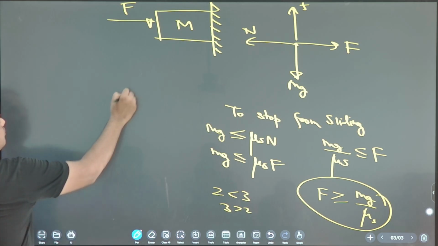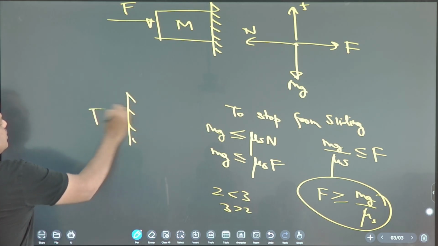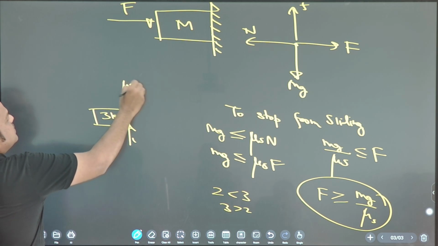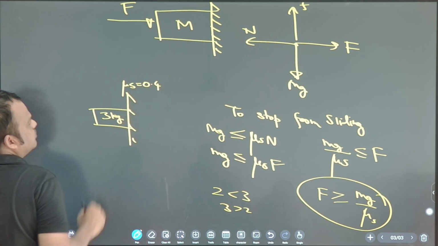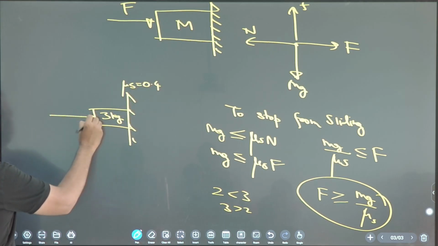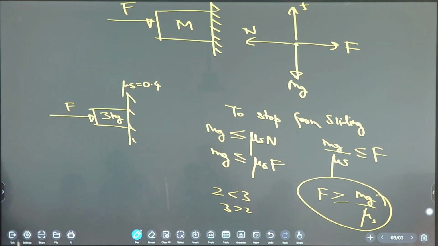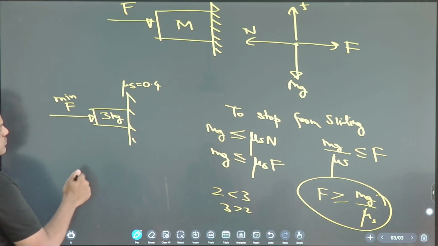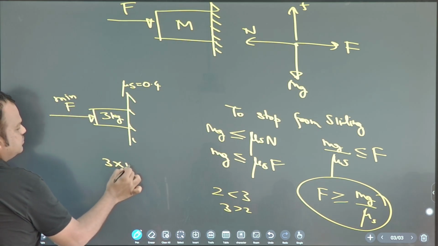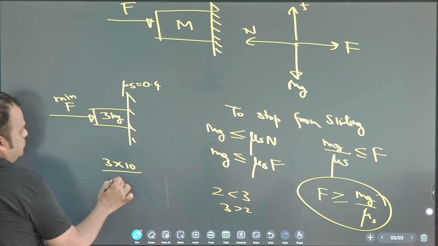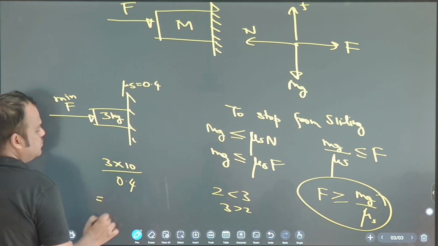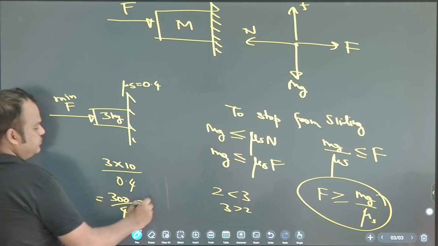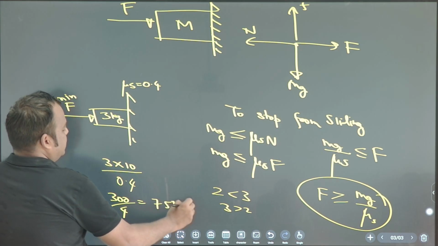For example, you have a block of mass 3 kg and mu s is 0.4. How much minimum force is needed? Mg by mu, so 300 by 4. What is 300 by 4? 75.